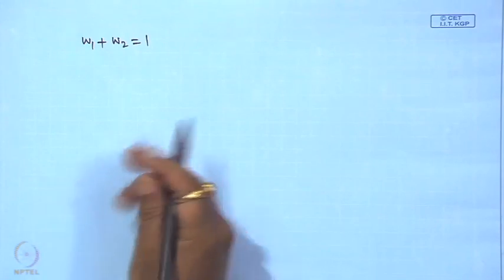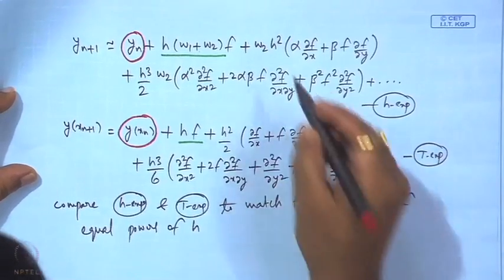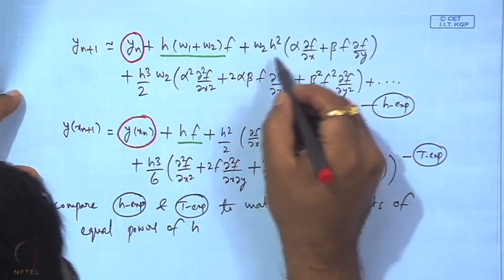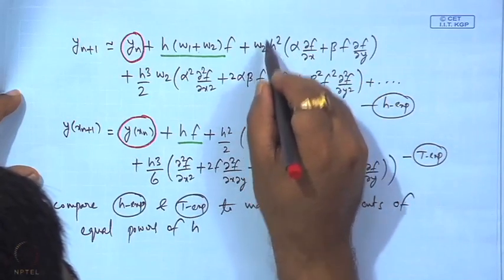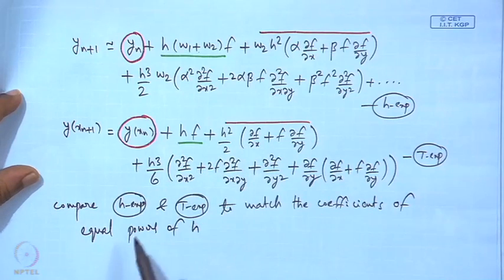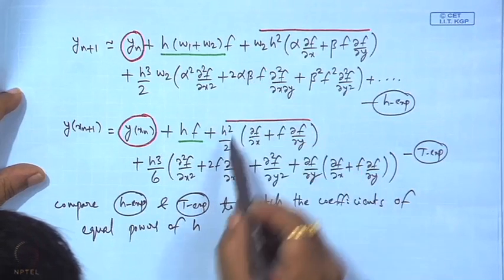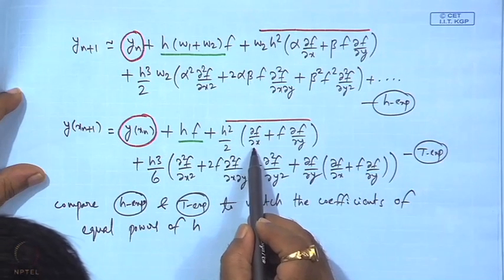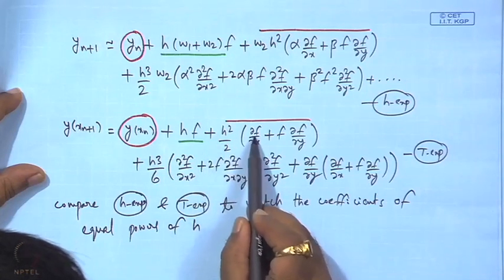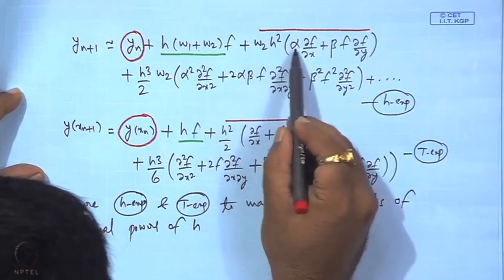Okay. Then, so let me use again red. So, this is red, these two, then the green. Now, h square. Okay. Look, so you have h square by 2. So, there is a half sitting for dou f by dou x. If you remove h square, there is just a factor of half sitting for dou f by dou x, whereas here you have alpha w 2 sitting.